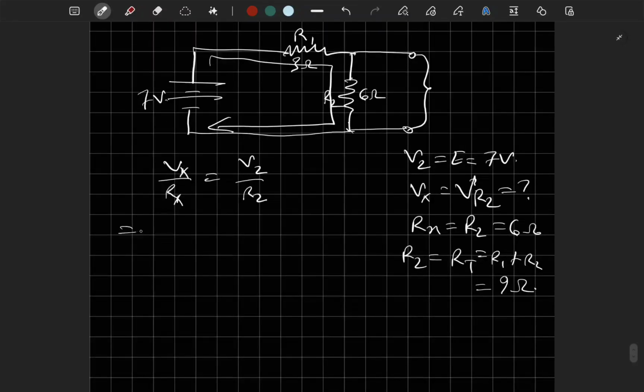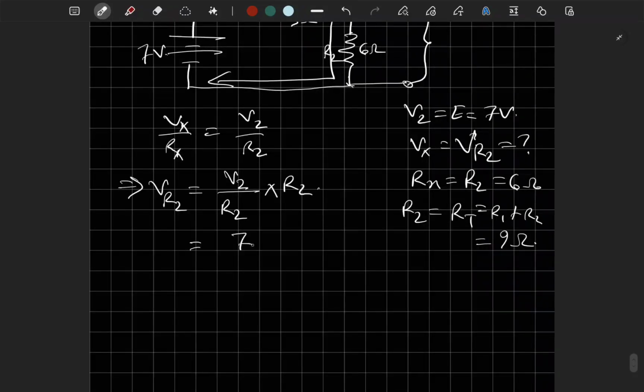Okay. So rearrange Vx, just write V2 instead of Vx, because that's VR2, equal to V2 over R2 multiplied by Rx, which is R2. Okay.